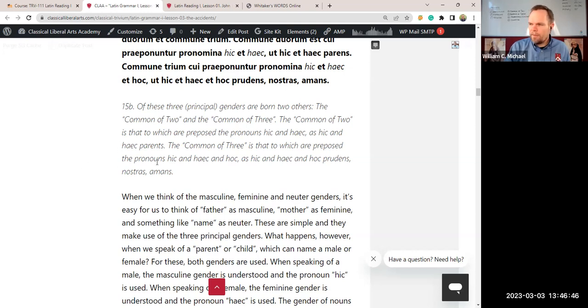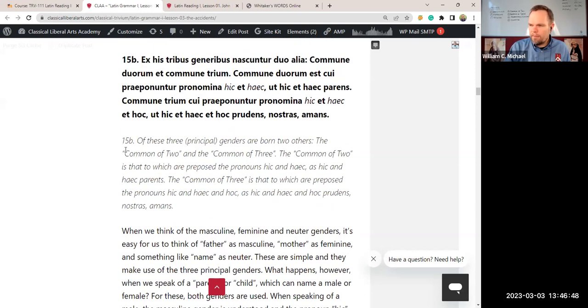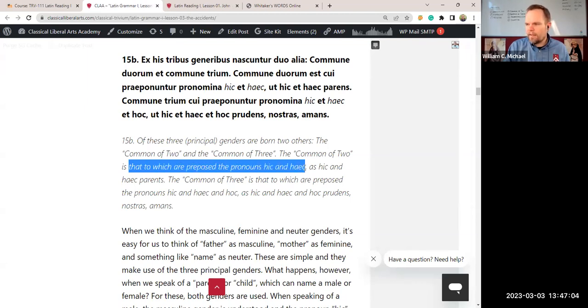But when we get to common of 2, we ask, what in the world is this common of 2 thing? The answer is the common of 2 is that type of word to which are preposed the pronouns hic and haec. Hic being masculine, haec being feminine.